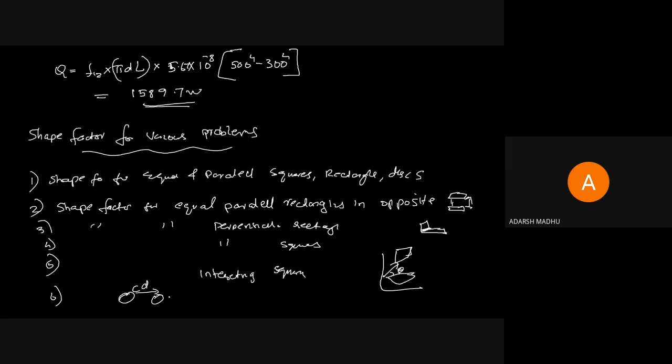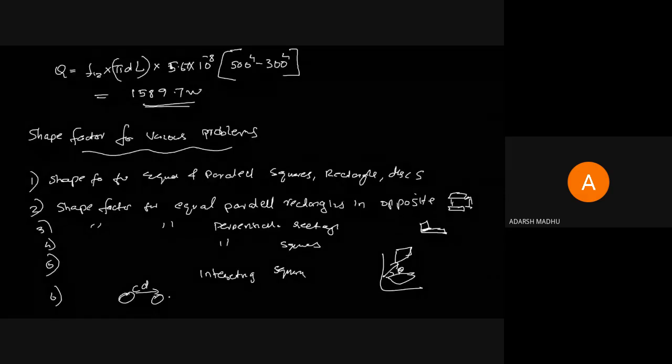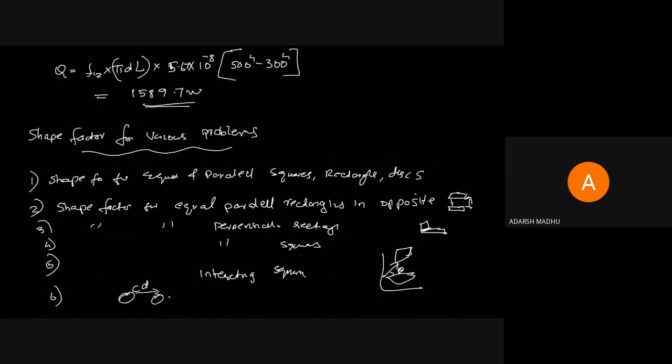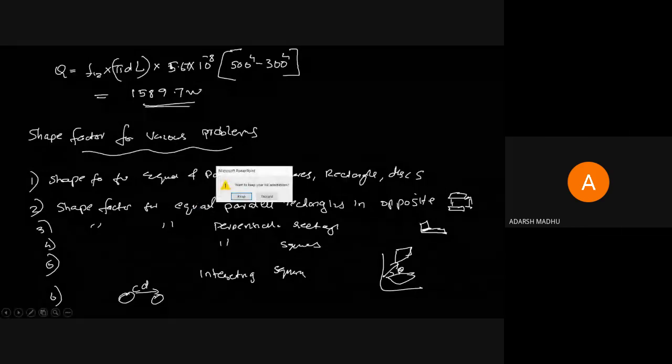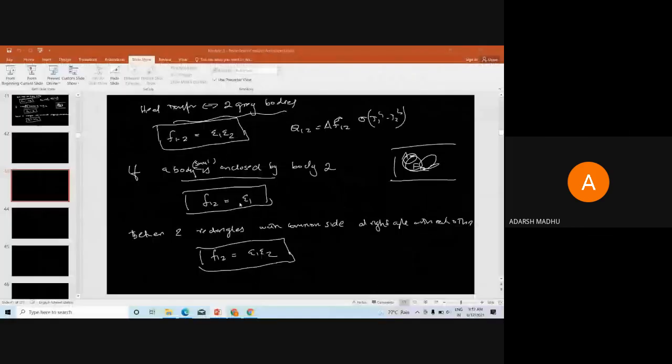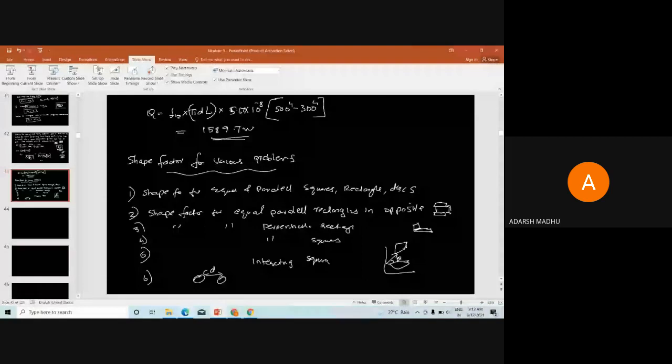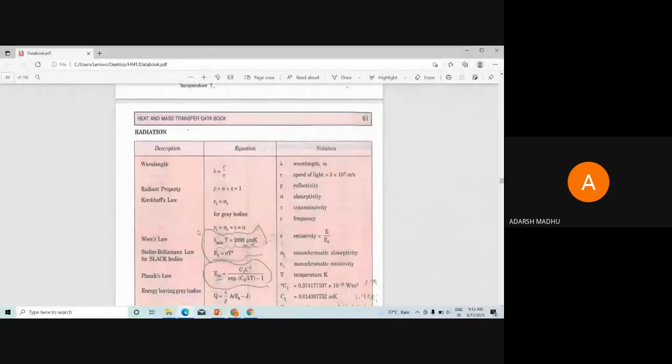We can find the value of shape factor F12 directly from your data book. Please take your new data book and go to page number 91. I don't know which page number you are using in the old data book, so please take page 81, which is the starting of radiation.